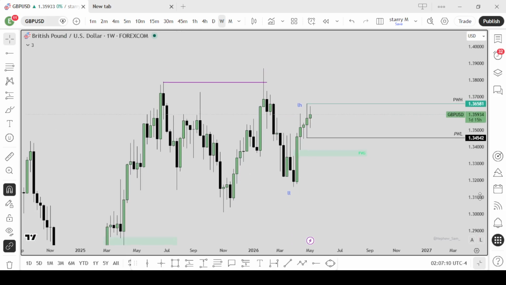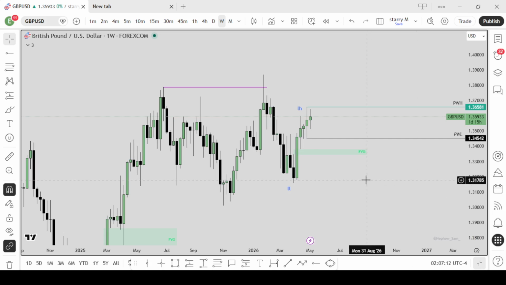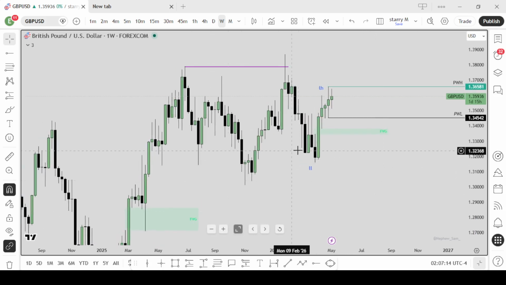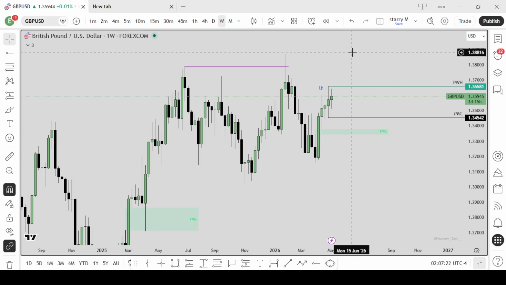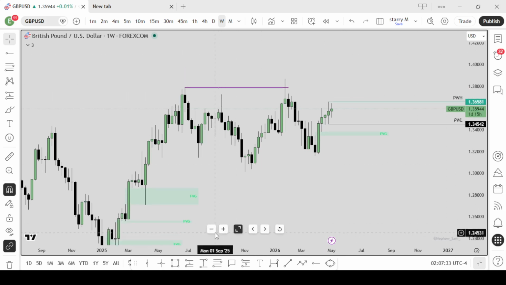As I had analyzed earlier, we can see that we are currently making a higher low. There's a higher low, and we want to see us make a higher high if at all we are resuming this bullish trend.